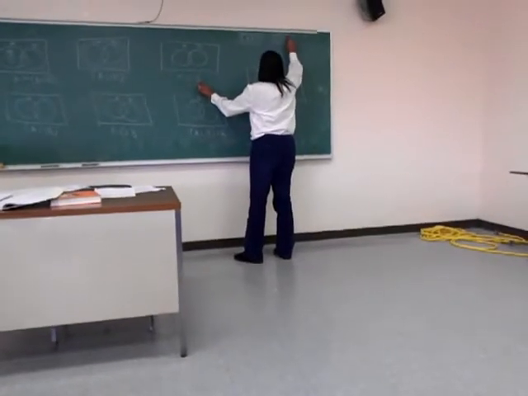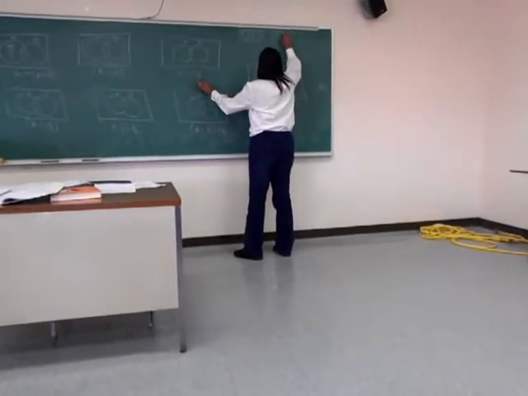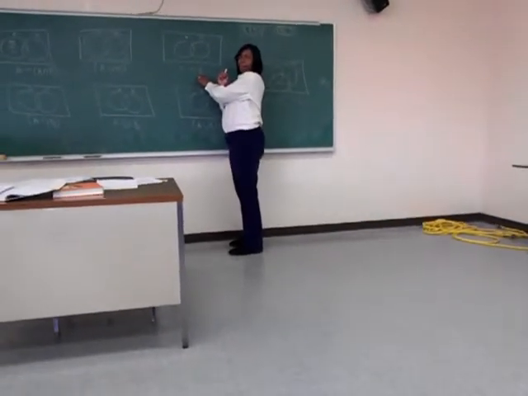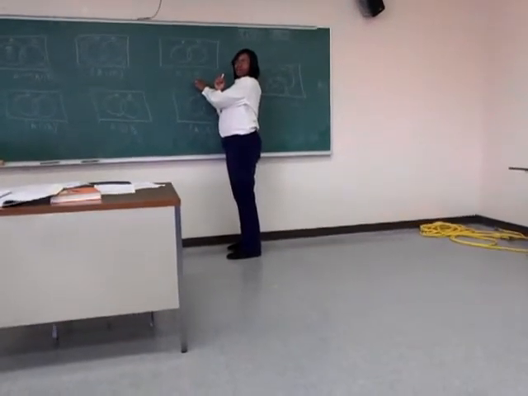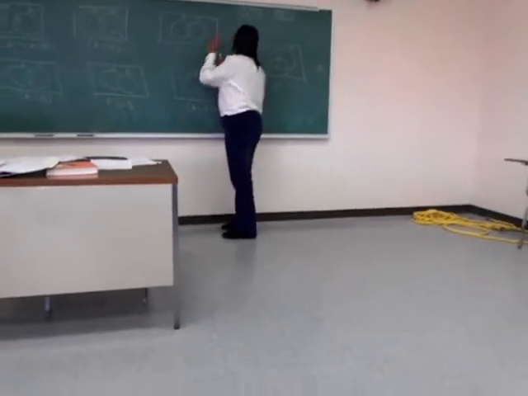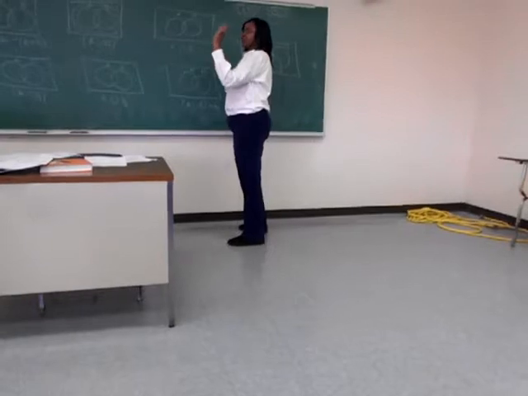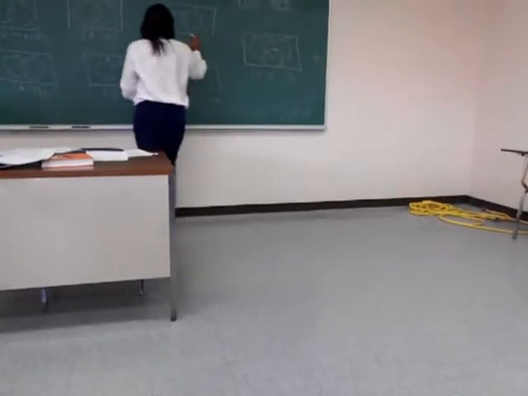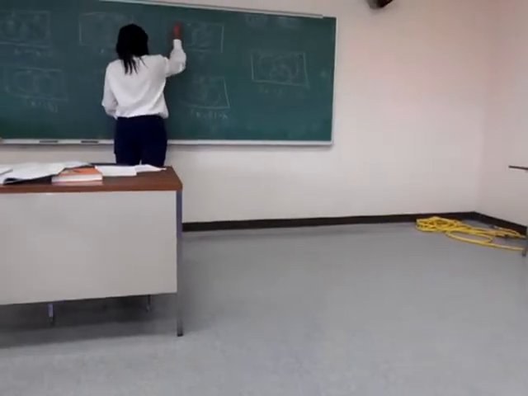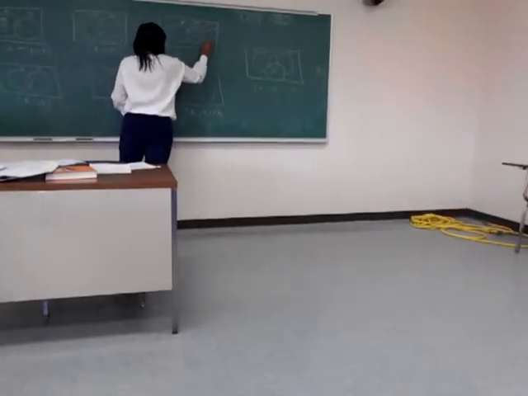Here's A, here's B. So B prime is this, and everything where? Around that, right?